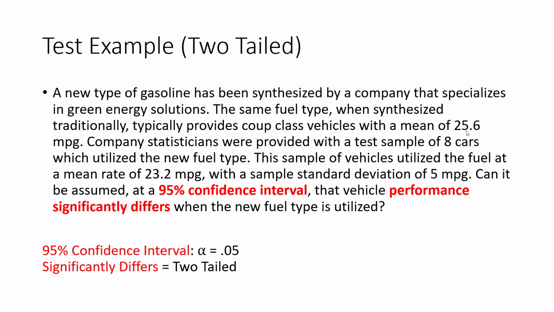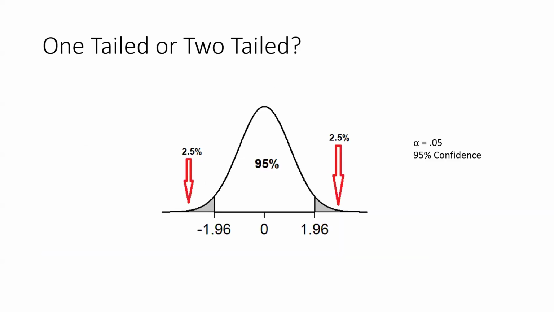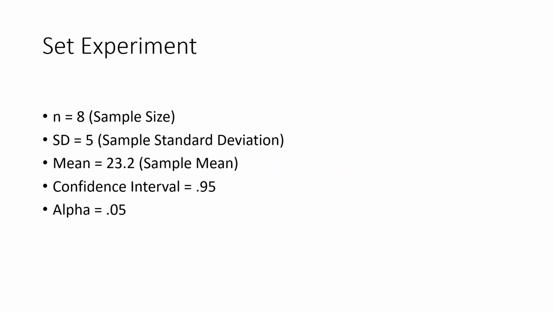It looks like we have our mean, and we're going to receive samples from the 8 cars which were tested. So here we have our sample size, 8 samples, our sample standard deviation, that would be derived from our samples.